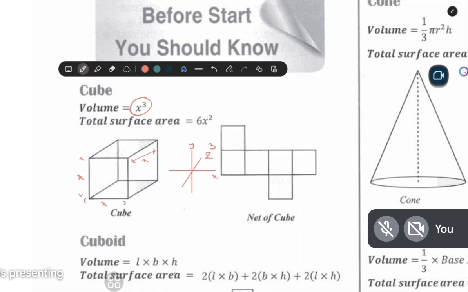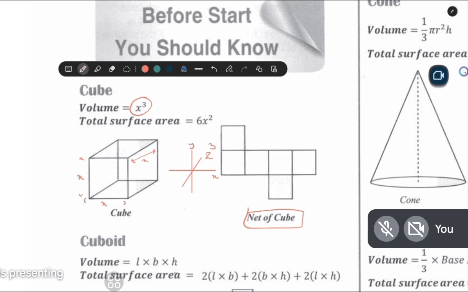So now, what is the net? What is a net diagram?